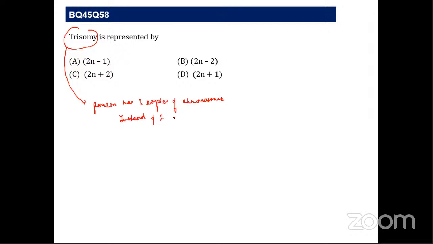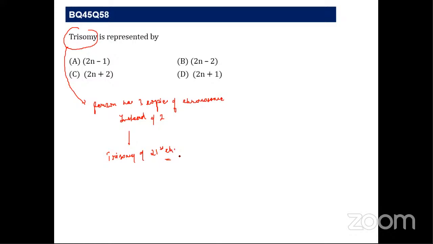Normally, we have two copies of each chromosome, one from the paternal side, one from the maternal side. But in case of trisomy, what is happening? Three copies of chromosomes are happening instead of two. One of the classic examples of trisomy is trisomy of the 21st chromosome. In which disorder does this occur?